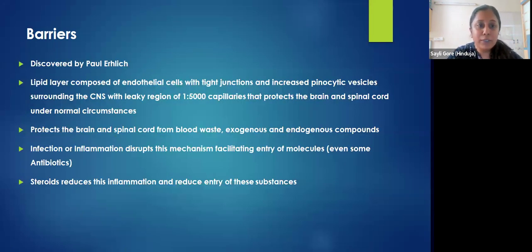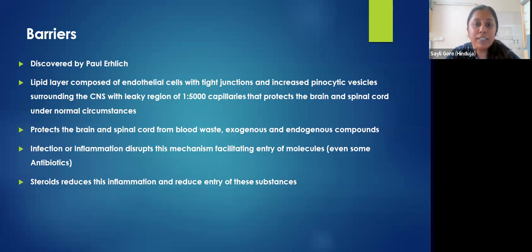These barriers are a lipid layer composed of endothelial cells with very tight junctions in the brain, surrounded by pericytes, astrocytes, choroid plexus, subarachnoid space, everything.